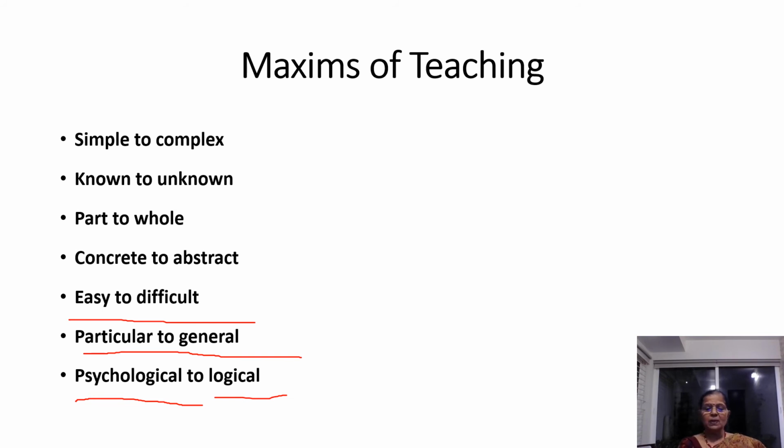Sometimes they don't like it. They are scared of it. So don't give that to them, even though the logical order says that first this thing, then another one. You should give importance to the psychological preference of the student. That means their interest and motivation. So the preference is the psychological to the logical one.